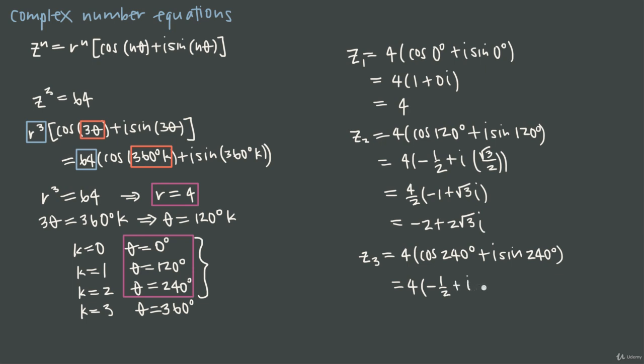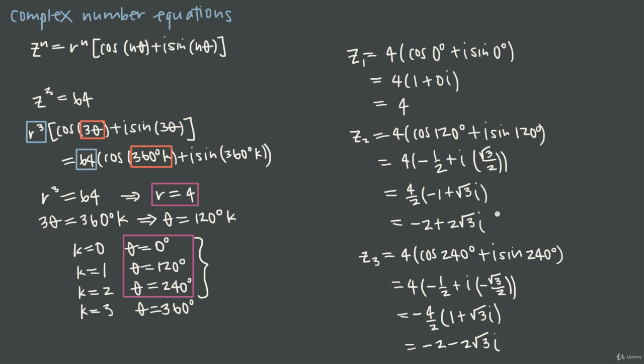And sine of 240 is negative root 3 over 2, so negative root 3 over 2. And then if we factor out the 2 in the denominator, or in fact we'll take out the negative and then the 2 in the denominator, we'll get negative 4 over 2 times 1 plus root 3 times i. Negative 4 over 2 is negative 2, and when we distribute that across, we'll get negative 2 minus 2 root 3 times i.